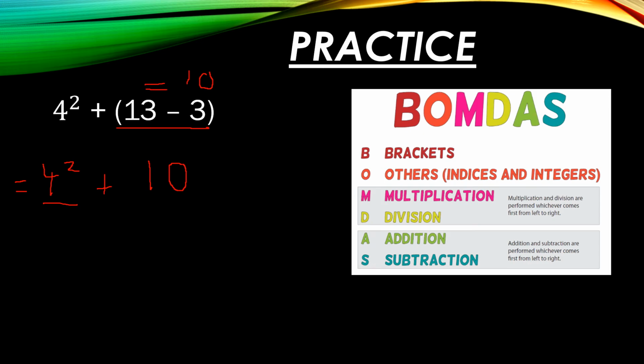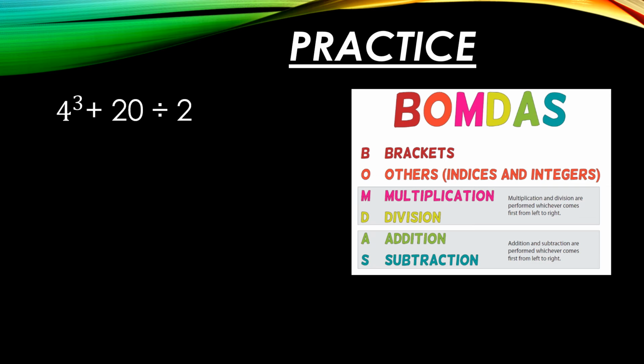So that means 4 times 4, because you're timesing itself twice. 4 times 4 equals 16. So now, what we know is that 16 plus 10 is going to help us find our final answer. 16 plus 10 is quite easy. It is 26. That is our overall answer.